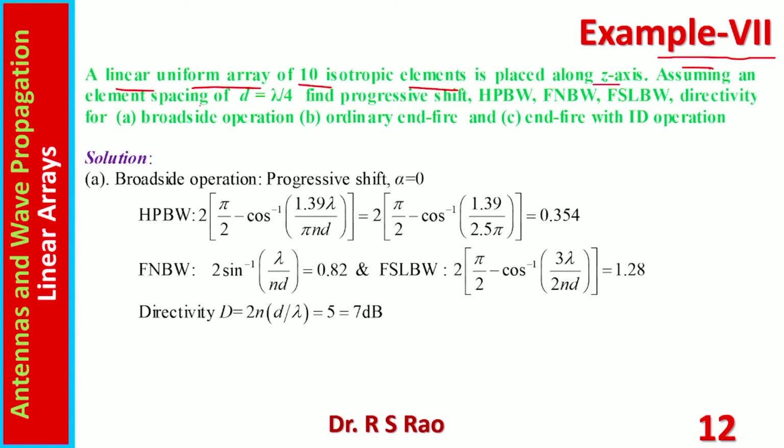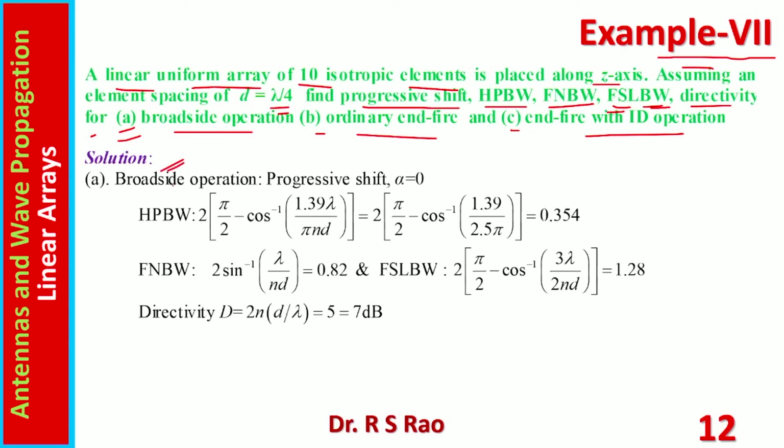Assuming an element spacing of lambda by 4, find progressive phase shift, half power beamwidth, first null beamwidth, FSLBW, directivity for A, broadside operation, B, ordinary end fire operation, C, end fire with increased directivity operation. BW stands for beamwidth, FSL stands for first side lobe. For all these three cases, we are asked to determine alpha, progressive phase shift, half power beamwidth, first null beamwidth, first side lobe beamwidth, and directivity.